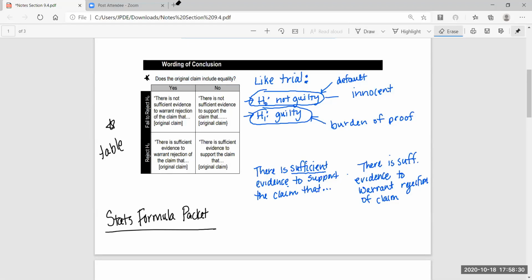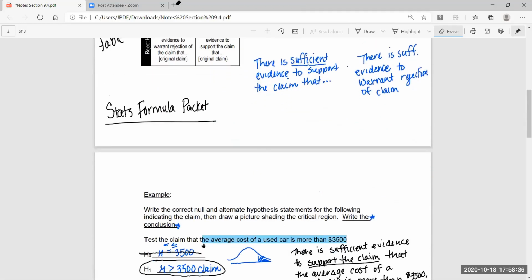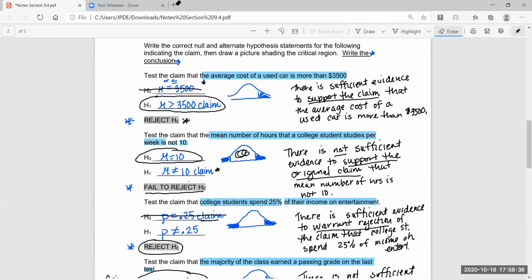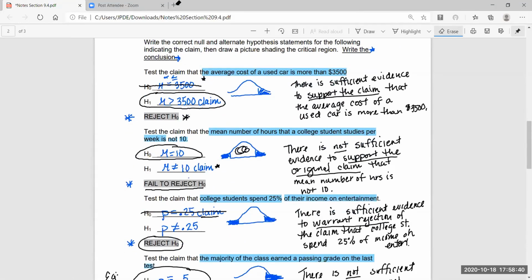You'll find that you've almost memorized it without trying. But in the beginning, it's a huge help. Other things that will help that I've been building in there, write the word claim. Write that word next to the claim, because that's going to help you when you write your conclusion.